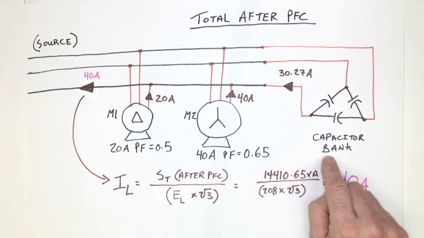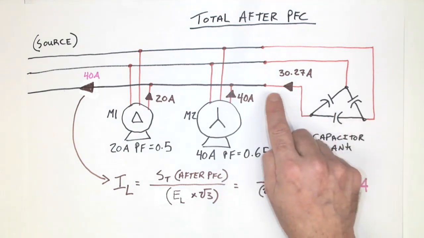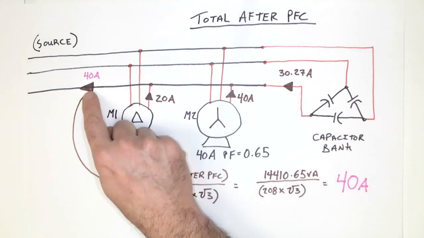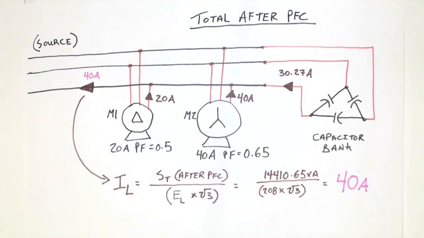The capacitor bank is delta connected and connects to the line conductors supplying 30.27 amps of leading reactive current. The 40 amps is the only amount that continues to be supplied by the source itself. And remember, this is quite a substantial drop from the original 59 amps.